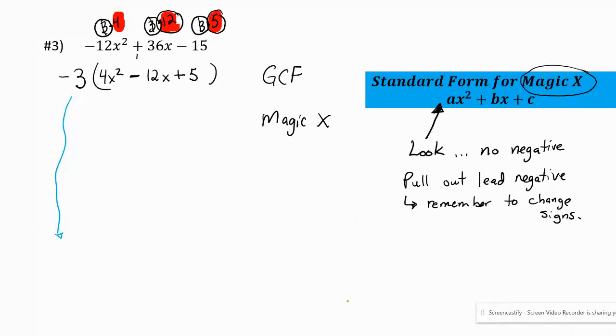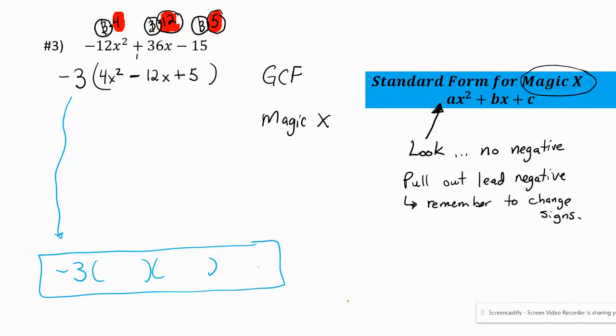So I'm going to bring down my -3 into my answer, put my parentheses, get ready for my final answer. I'm going to focus right in the middle and do my magic X. So what multiplies to 20? 4 times 5 is 20 and gives us that -12. Whatever this term is, I write 4x so I can divide out what I multiplied in.